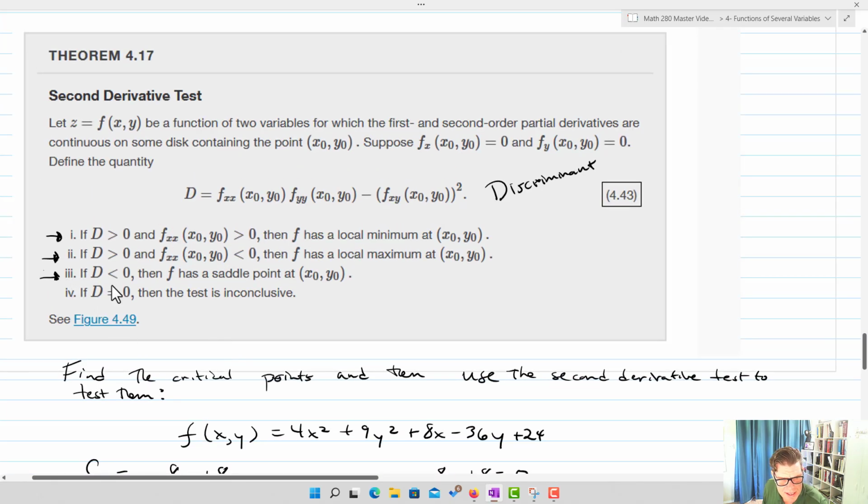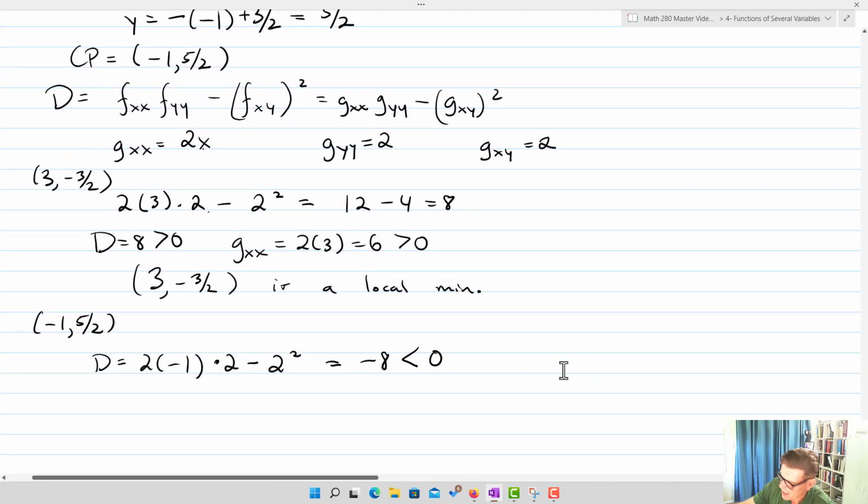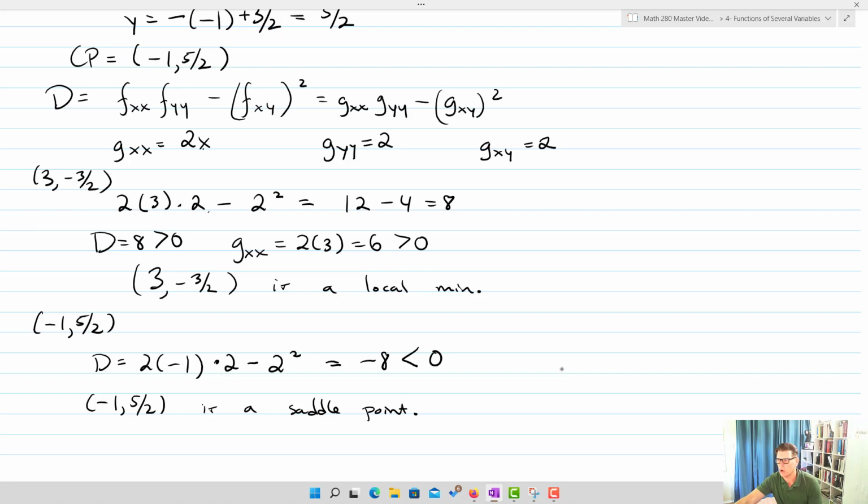If D is less than 0, then f has a saddle point at x naught, y naught. So that means that negative 1, 5 halves is a saddle point. And that helps us to define our critical points. We have 3, negative 3 halves is our local min, and negative 1, 5 halves is going to end up being the saddle point.